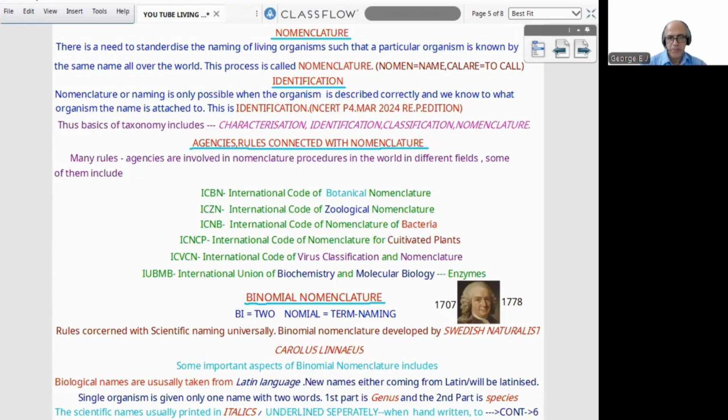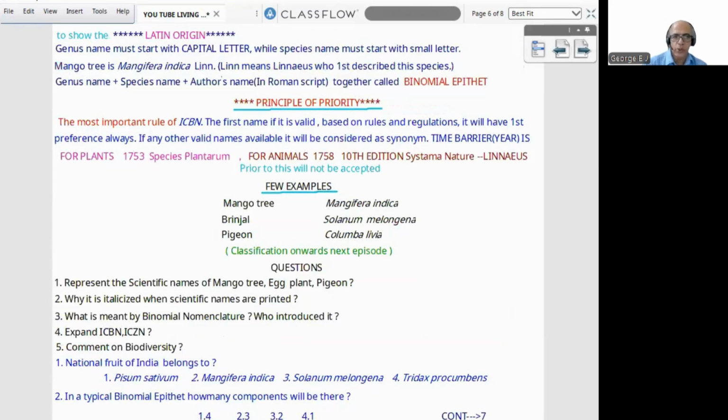The idea behind naming of organisms is that names are taken from Latin, either Latin or Latinized. Then 2 words, genus and species, italicized when printed and underlined separately when written, to show the Latin origin. Genus name capital, species name small.